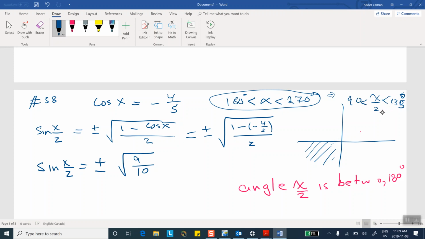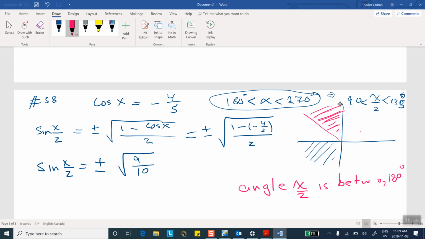Where is that? That means you're here, bigger than 90 and less than 135. So you are right there. x over 2 is in this red cross-hatched area.